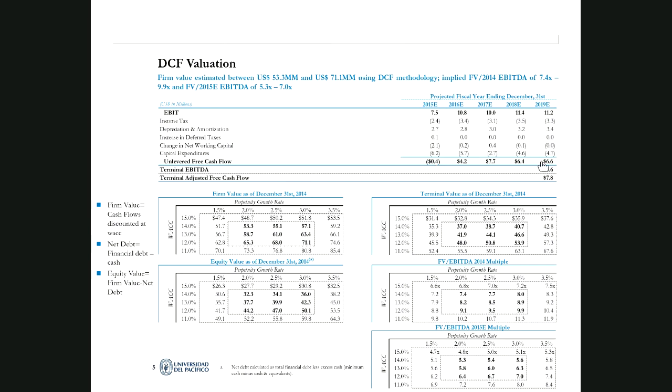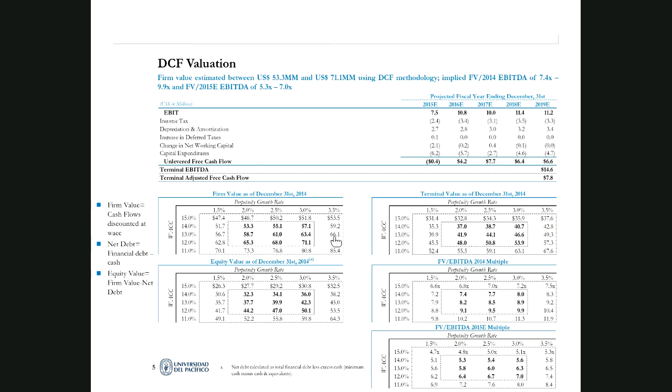Okay, you discount this at your discount rate, which is your WACC, which you also know probably very well how to calculate, and you come up with a firm value for your company.